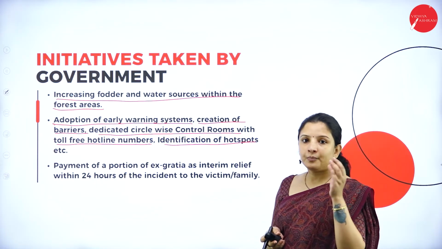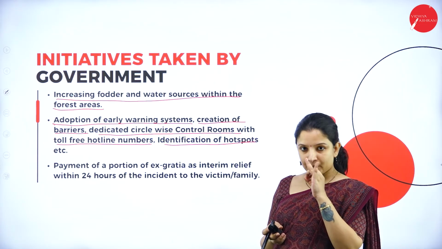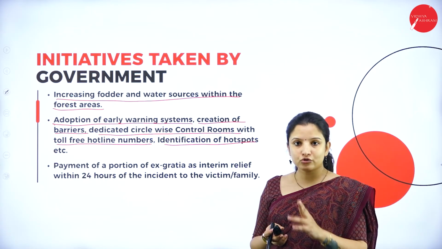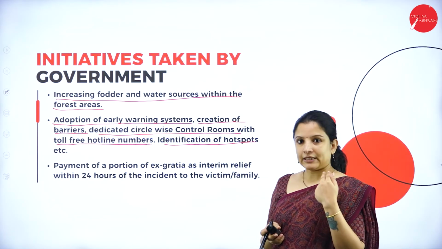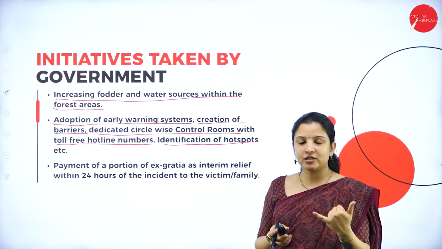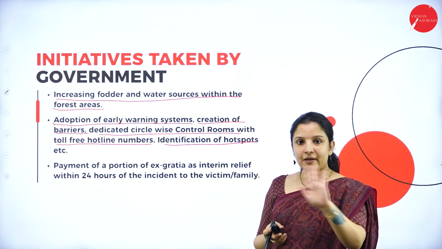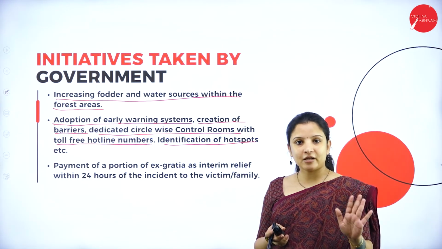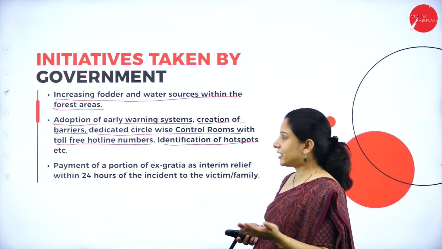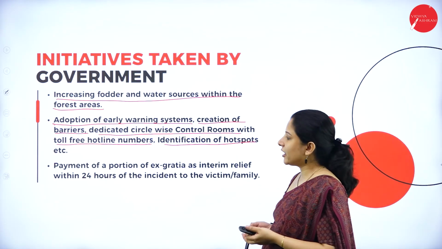And also proper control rooms should be set up wherever there is a human settlement sharing its boundary with the forest, with 24/7 phone facility, so that people can immediately call and alert the officials, so that the officials can come and do whatever is needed to send that animal back to its habitat, so that people will not have to directly intervene with those animals, so that human wildlife conflict can be prevented. So all these methods can also be adopted.